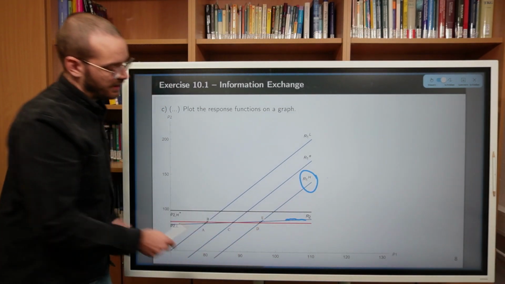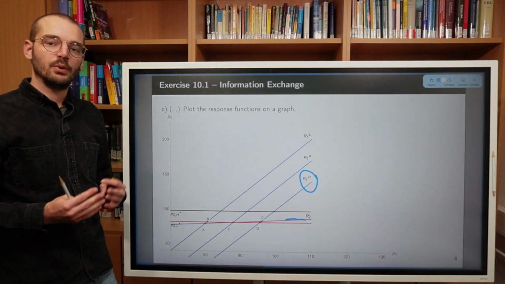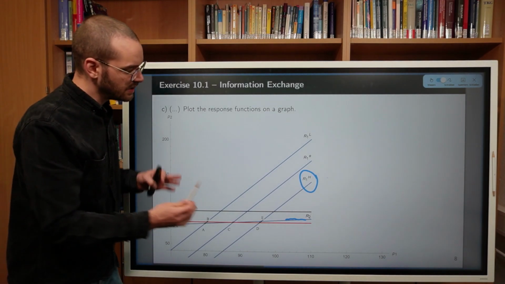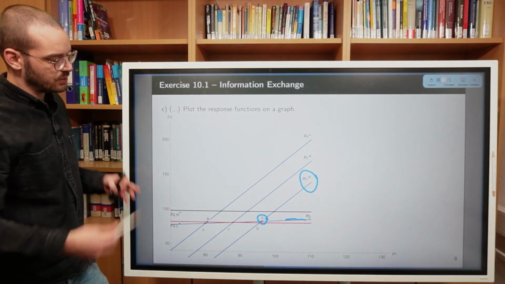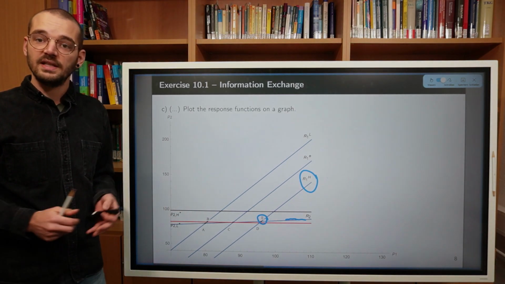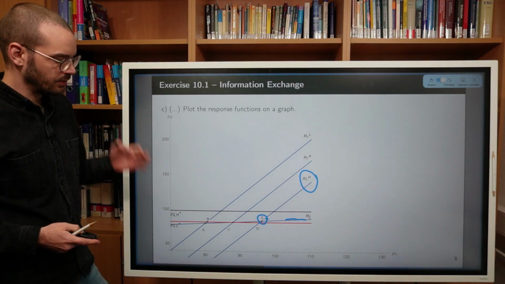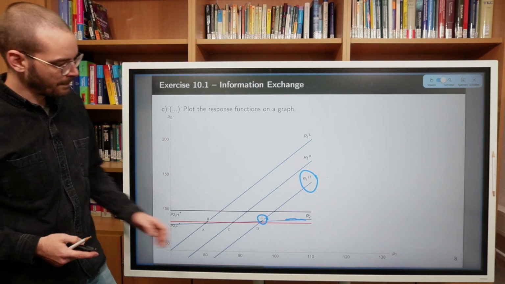And again, in order to find the equilibrium in the world without any uncertainty, we simply find the intersection of these two reaction functions once again, and then we are at point E, as I have discussed or said earlier.